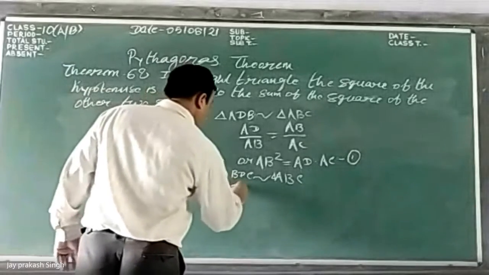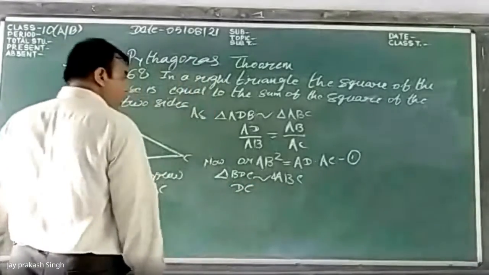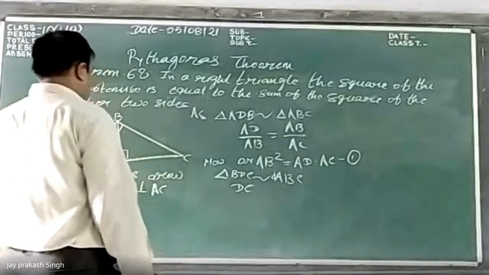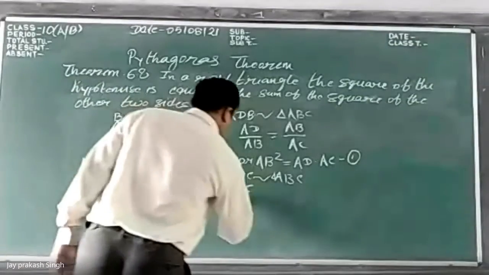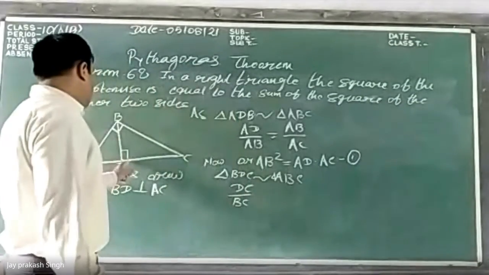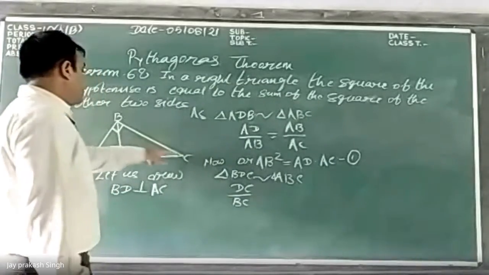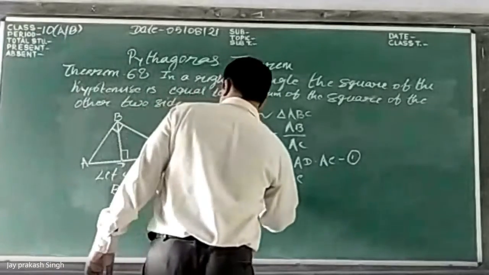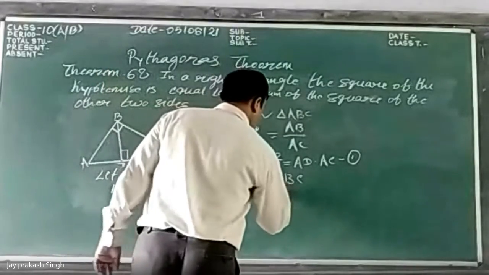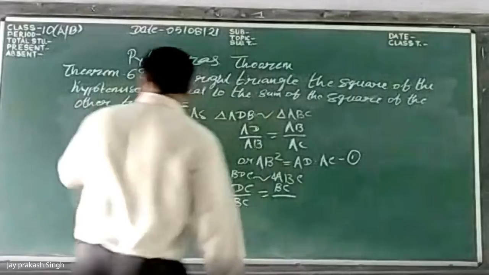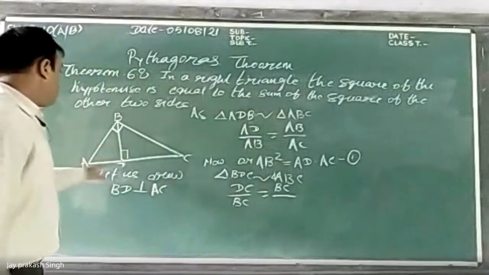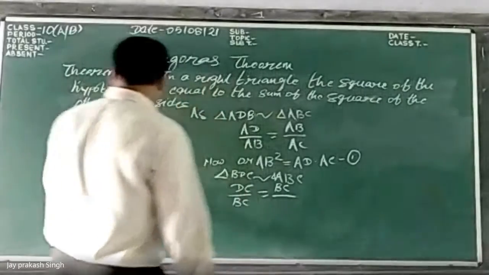So DC, this side DC will equal the other side DC. This time the base is this one, equal to the hypotenuse. If we put BC by BC for the hypotenuse, then we have to put the hypotenuse AC again.